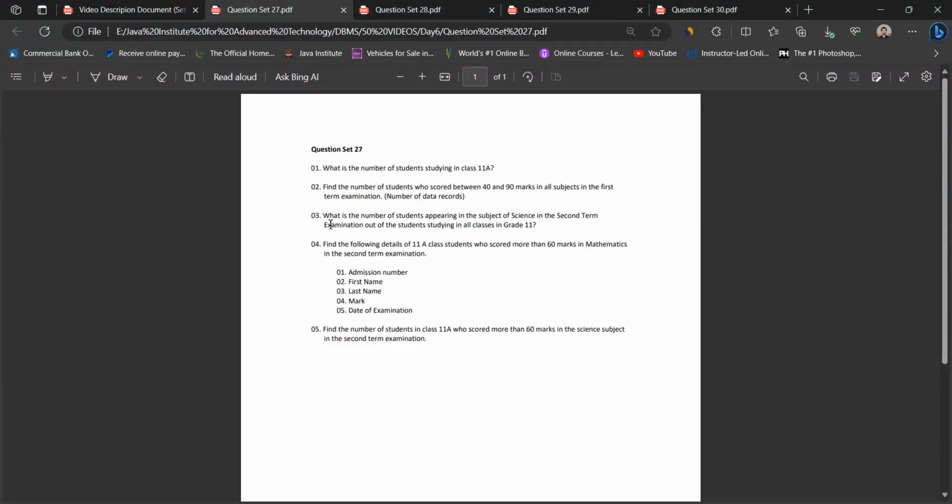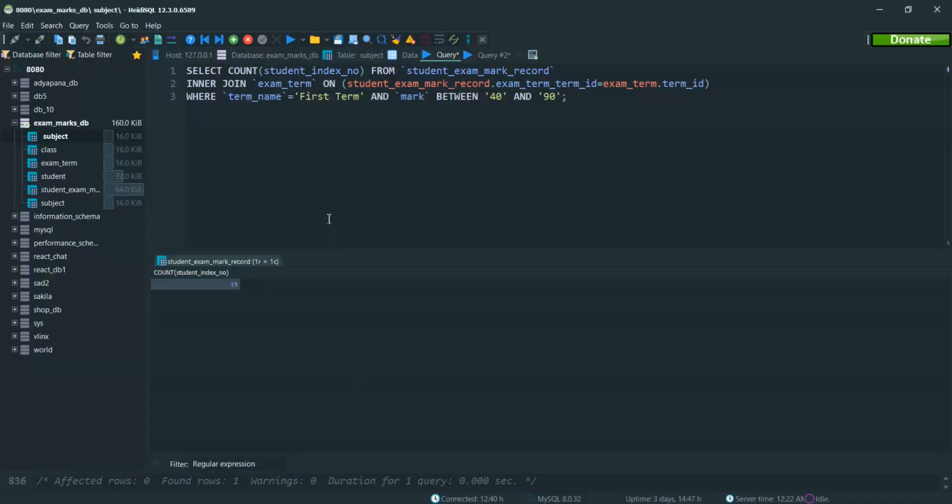Third question, what is the number of students appearing in the subject of science in the second term examination out of the students studying in all the classes in grade 11? Here, as usual, we have used count to get the exact number of records.